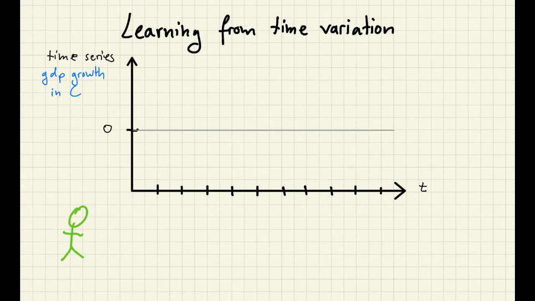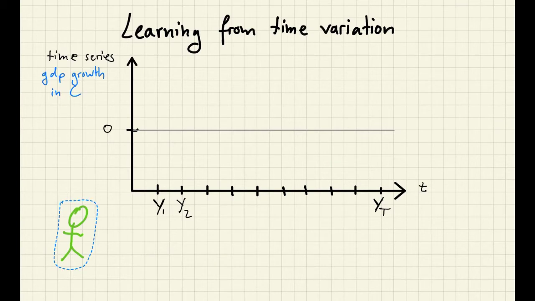Green guy is thinking about the time series before it starts. The time series will start here at t=1, and green guy is thinking about the time series before that. For green guy, the time series hasn't realized yet, so for green guy, the time series is a sequence of random variables y1, y2, and so on up till y_T.